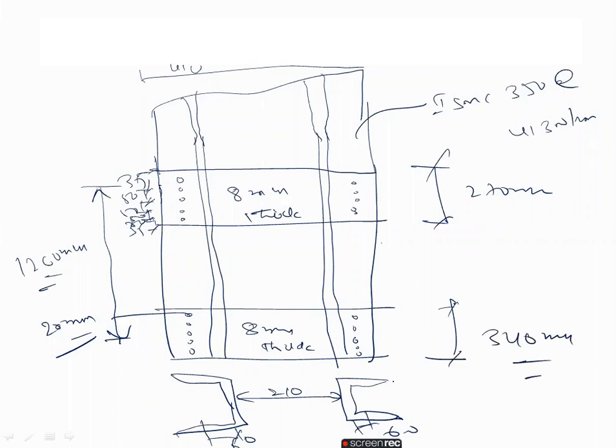The radius of gyration 24.4 you can provide here also. Like this, you have to draw the detailing of our battened column. This is the most important thing. You will get the same thing in the final examination also directly. I will stop sharing the screen. Let's wait for 1 second.